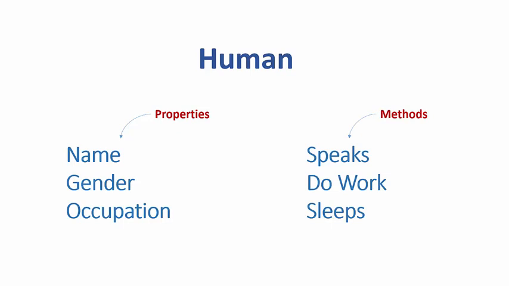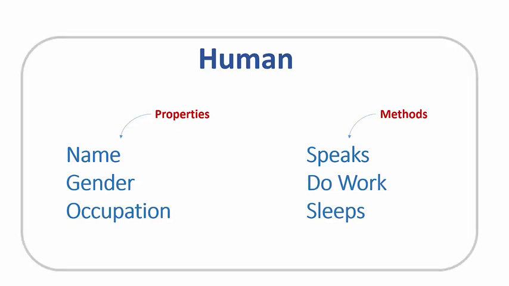Thus, properties and methods form a central entity called a class. So here human is a class which has two central components, properties and methods. A class is nothing but an abstraction of some entity which contains a common set of properties and methods.